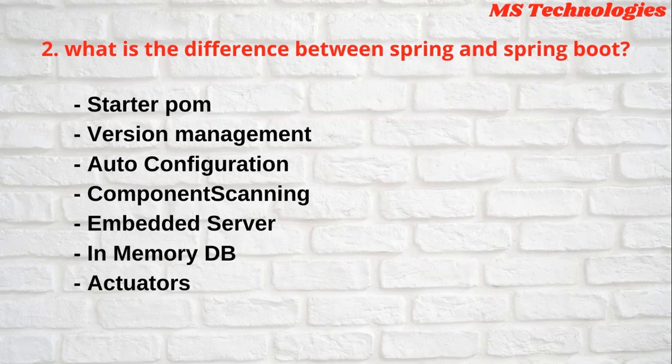All these version numbers should be taken care of by the programmer in a Spring based project. Correct or not? Everything the programmer needs to take care of. Suppose you go with Spring Boot, version numbers will be taken care of by Spring Boot only.